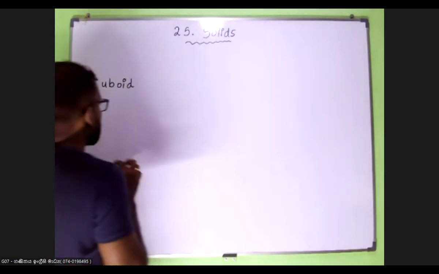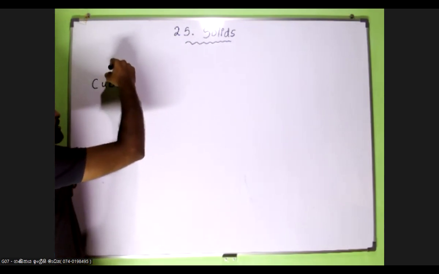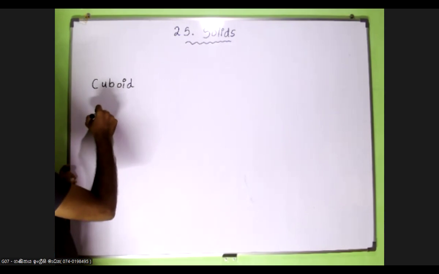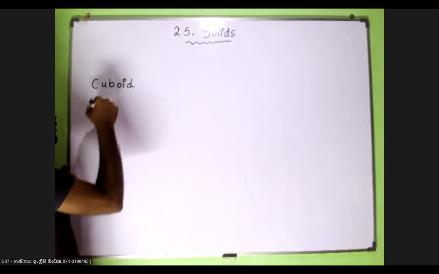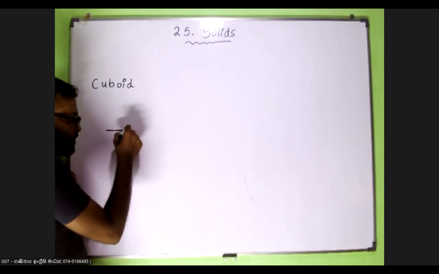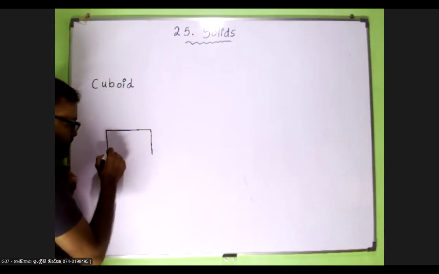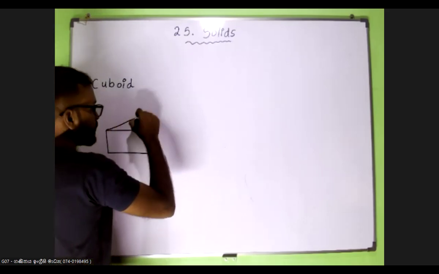Okay. So cuboid. How do we draw a cuboid? The side shape of a cuboid is a rectangle, so the surface of a cuboid is a rectangle. I will draw a rectangle something like this first. Then I will extend.